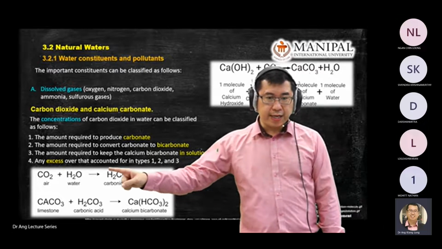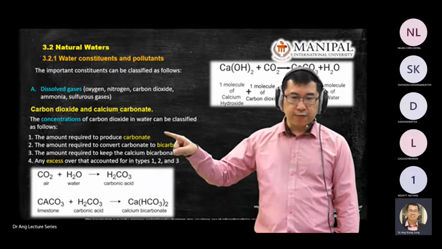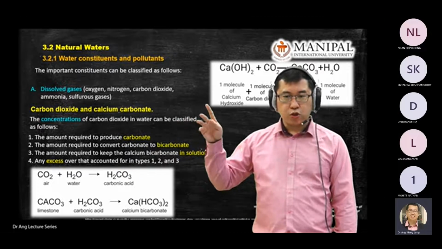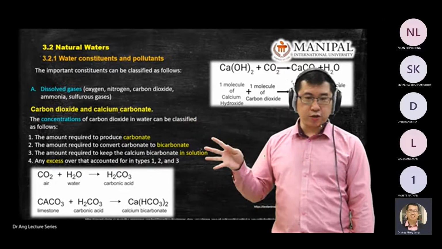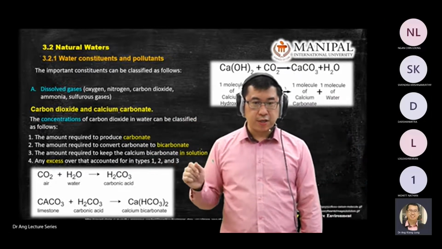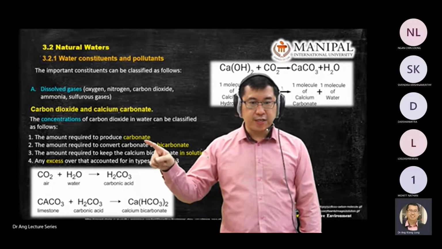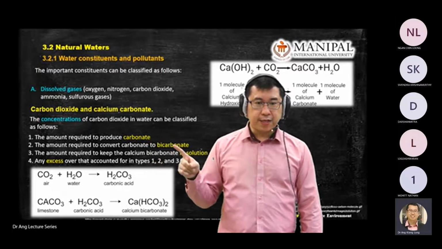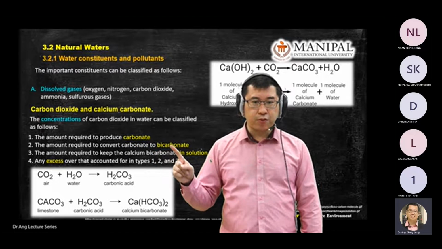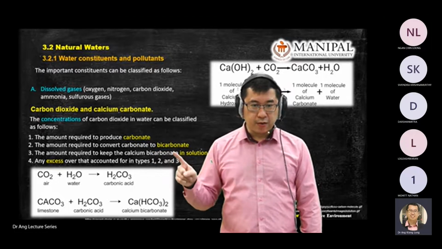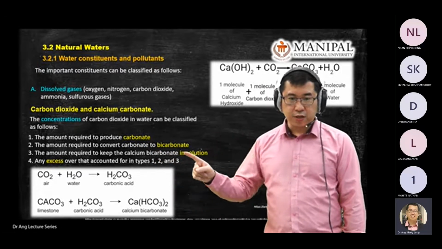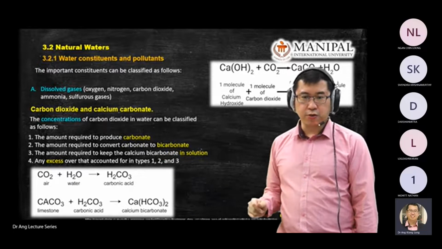And is there any excess of all this? So there are three conditions to check the concentration. The first classification is you look at carbonate. Second is that from carbonate change to bicarbonate. The third one is bicarbonate in the solution, meaning maintained in the solution.